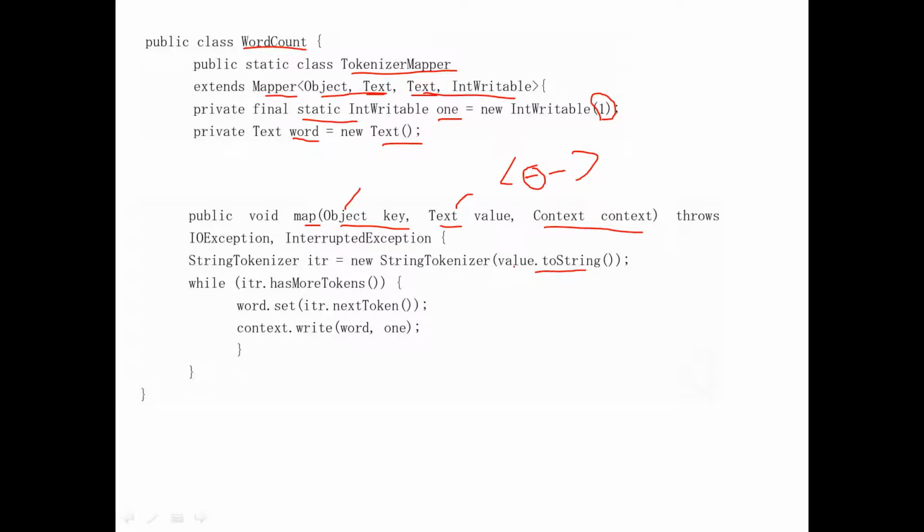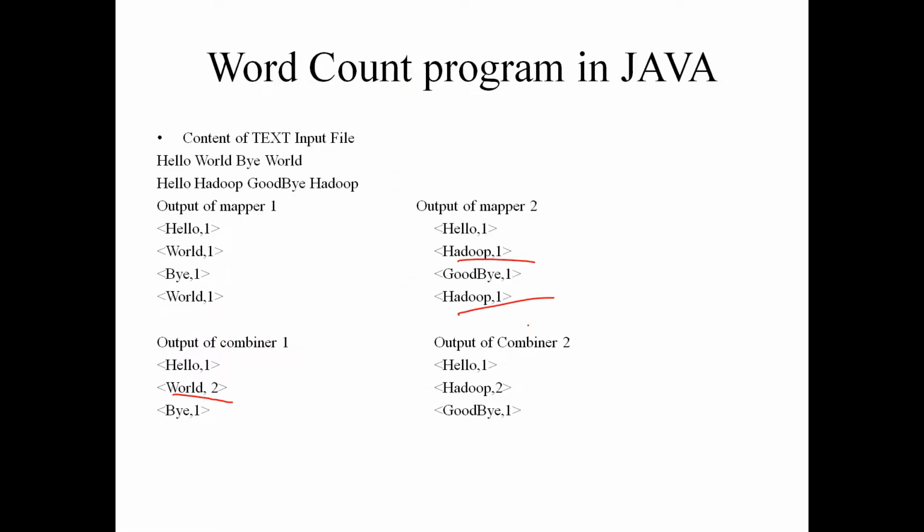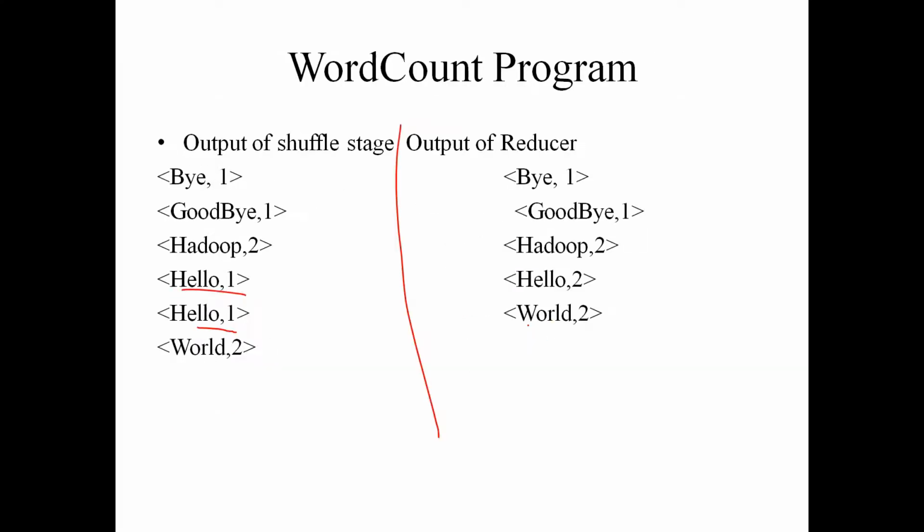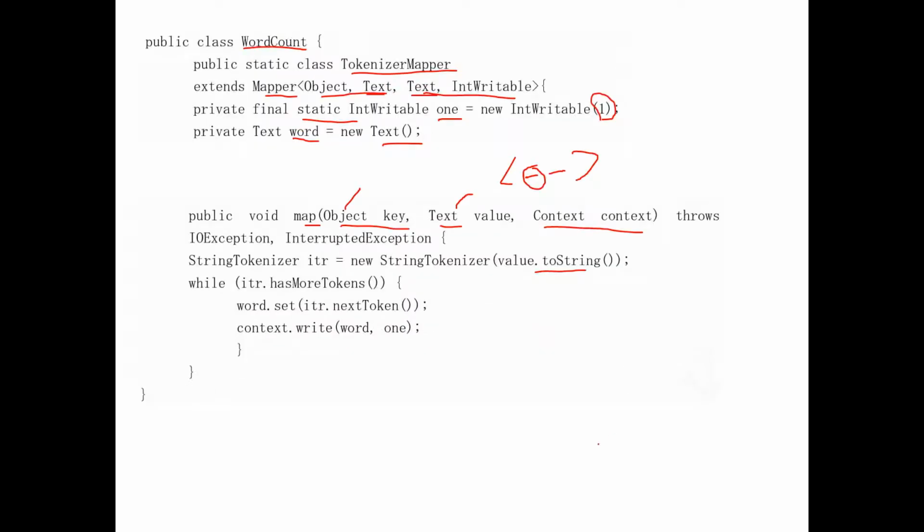Fine. Then iteration: ITR has more tokens. So what it will do is it will take each word. For example, in the previous example we have seen, it will take hello comma 1, so this hello word it will take. So hello will be stored into this word.